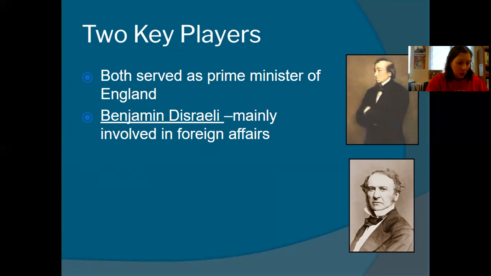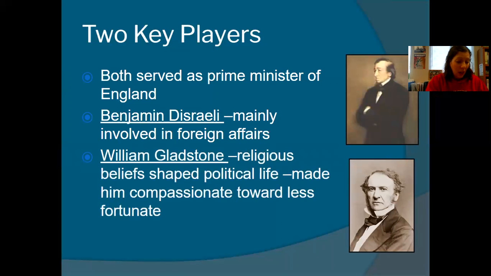He helped pass some of these reform bills, and he focused a lot on just making England a better place. Our next gentleman here, William Gladstone, was also a prime minister, a very religious man whose beliefs helped shape his political life. And he really focused on what was going on at home, helping to make the lives of the English people better.